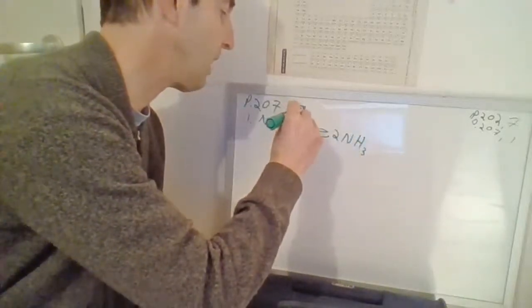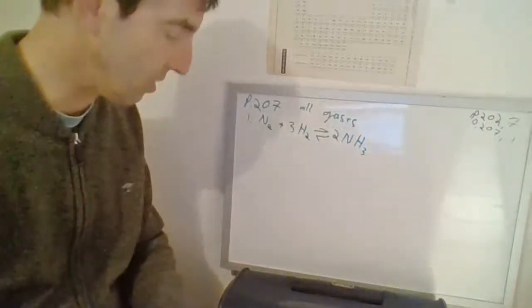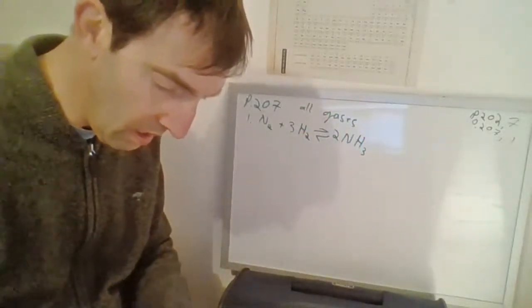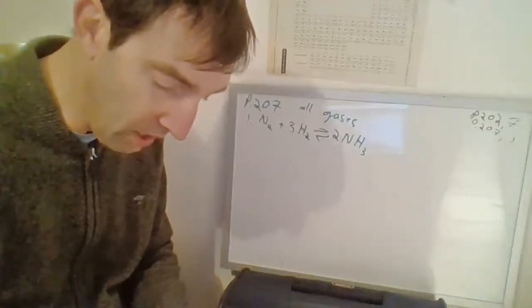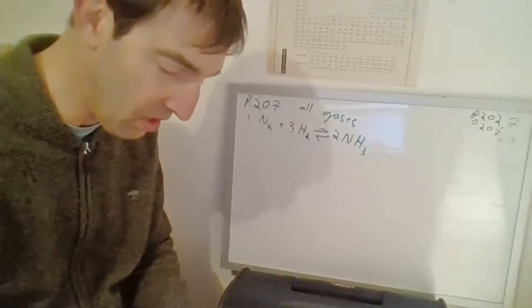I'm going to just say all gases. I don't have to write the little G's and make it even more confusing. Now, if the pressure of all three gases is 2 atmospheres and the temperature is 23 degrees Celsius.